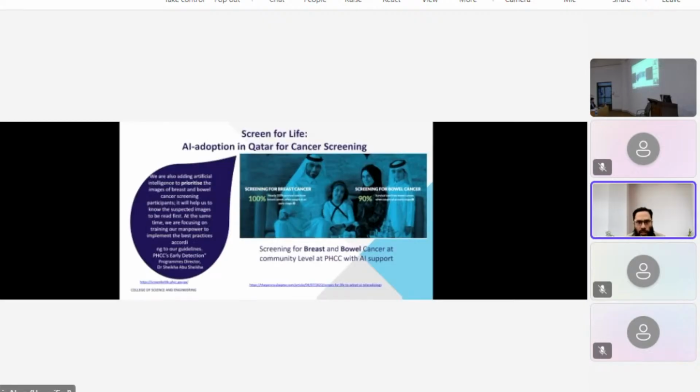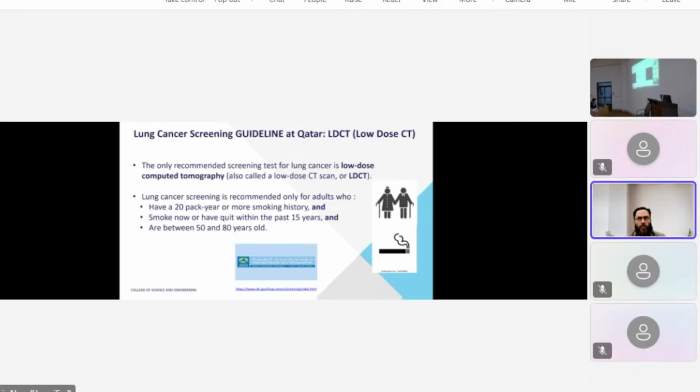Qatar has started working on the adoption of AI in the primary healthcare centers. They have recently launched an AI-enabled solution for breast cancer for females as well as bowel cancer for the primary healthcare centers for the community. In this work, we are working closely with our public hospitals, Hamad Medical Corporation at Doha.